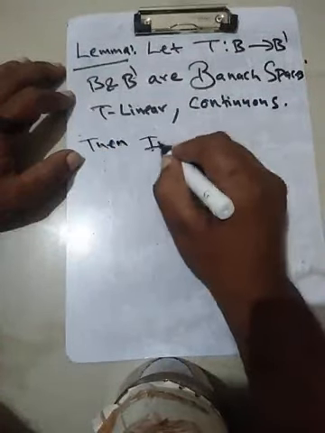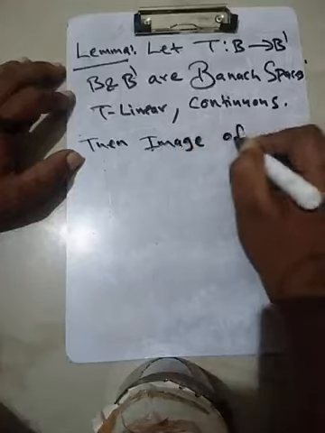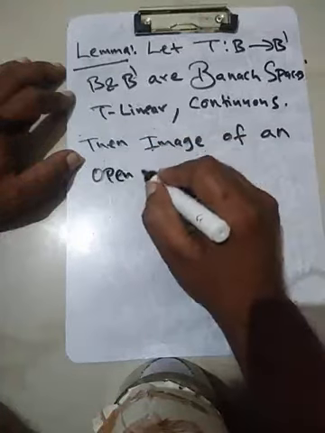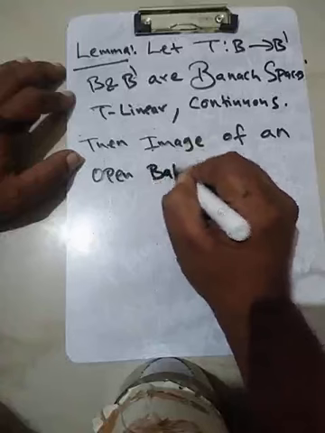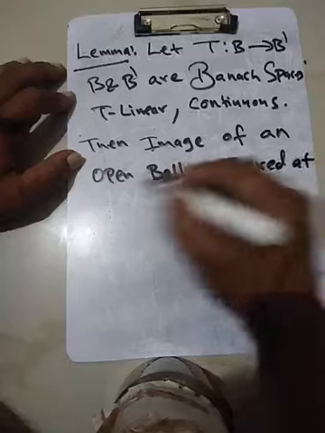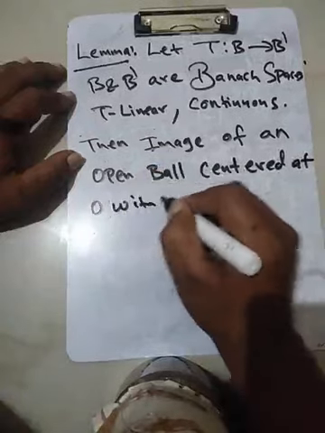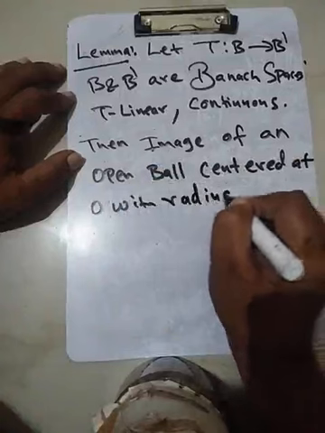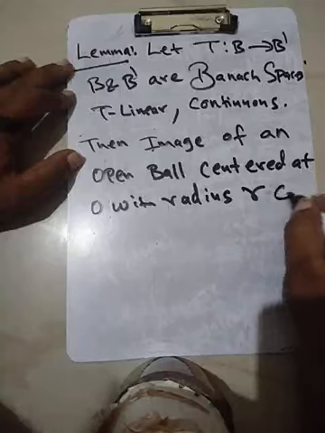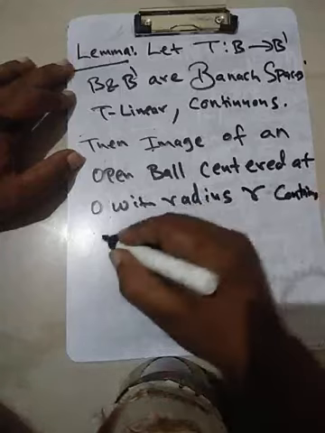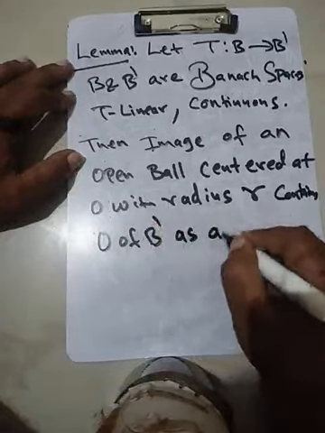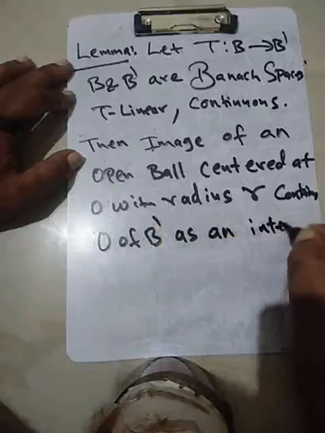the image of an open ball centered at 0 with a radius R contains 0 of B' as an interior point.